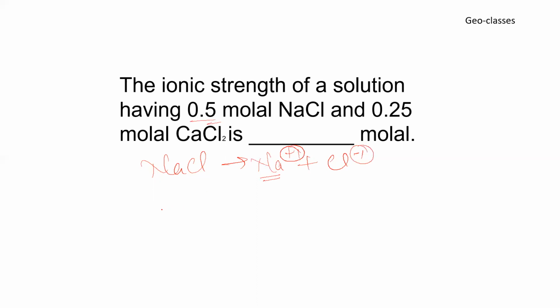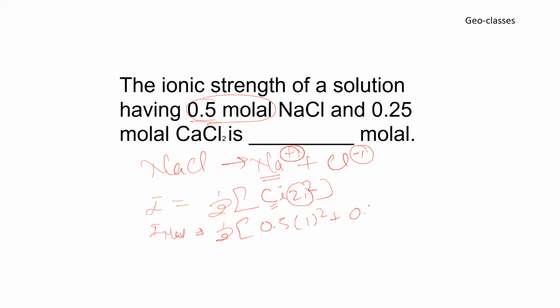So I is equal to half of the summation of Ci Zi square, which means the concentration given here, molal, multiplied by the square of the cation and anion charges, summed. For NaCl it will be half of 0.5 multiplied by 1 square plus 0.5 multiplied by minus 1 whole square.